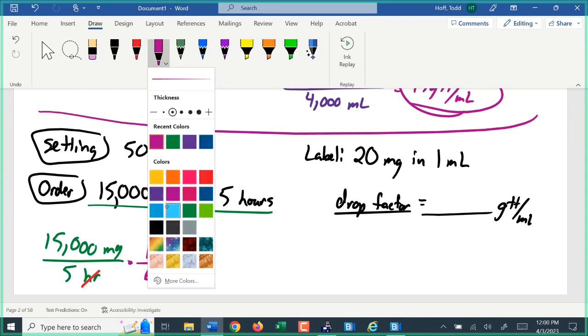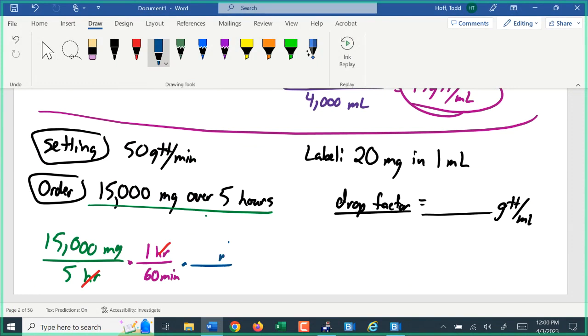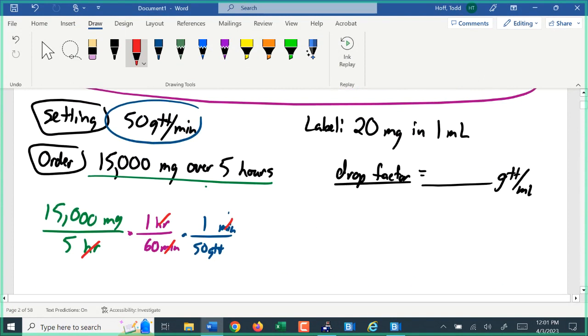We'll continue to get rid of the minutes. I'll put minutes on top, and I have 50 drops is equivalent to 1 minute. So the minutes cancel out. Well, we want drops. It's on bottom, and we're going to want it on top. So again, we'll do a reciprocal in a little bit.